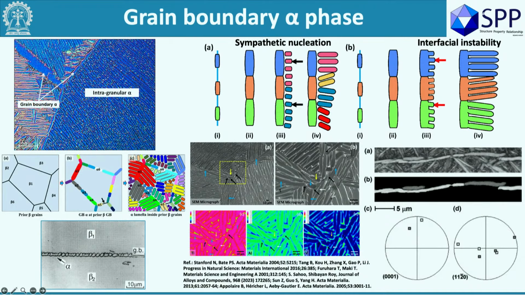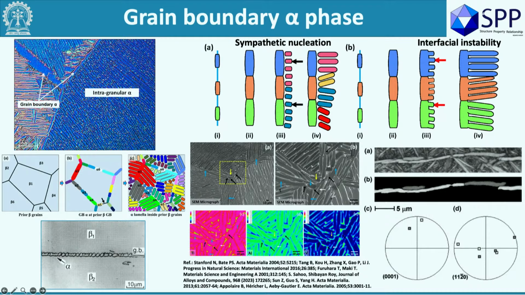And then this intra-grain alpha, we call it intra-lamellar alpha, comes. That's what it shows here. Now the point is, this is also alpha, this is also alpha. So this grain boundary alpha also undergoes the same variant selection, and so does the lamellar alpha that forms. This entire process basically controls the variant selection, which variant will form.